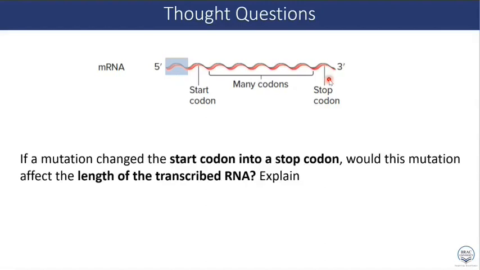Now the question is, if a mutation changed the start codon to a stop codon, would this mutation affect the length of the transcribed RNA? That means within your DNA, some mutation has occurred, and whenever the mutated gene is transcribed, the start codon is converted into a stop codon.